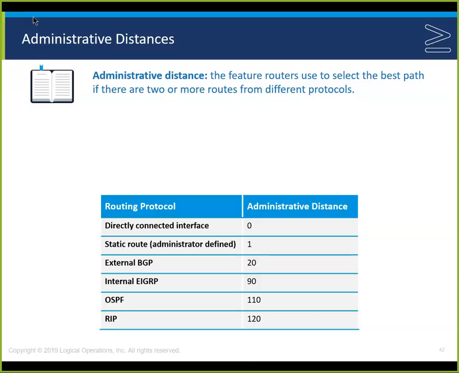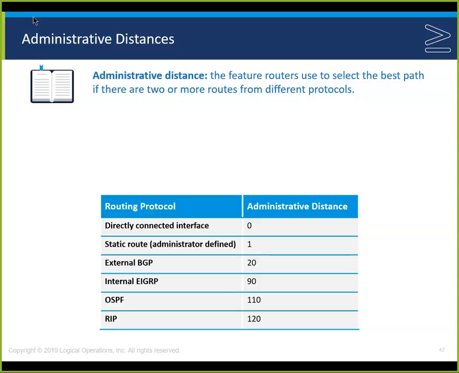External BGP, which we're really not concerned about typically on internal networks, has an administrative distance of 20. Internal EIGRP is 90, Cisco proprietary. OSPF is 110, RIP 120. So RIP is going to be the least trusted, and that's a way to think about which is the most trusted.